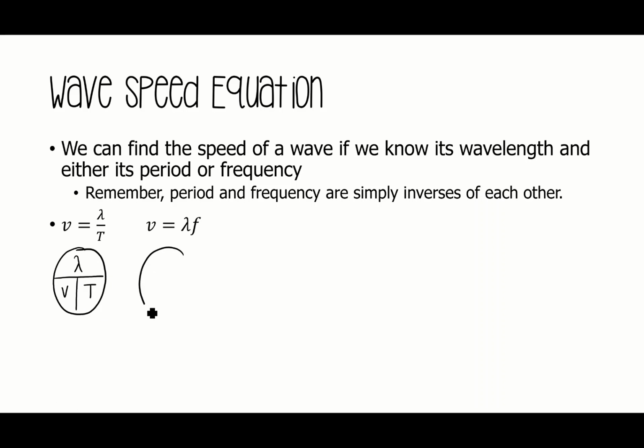Or we can use the equation speed is wavelength times frequency. With that, I can also do one for frequency and period. Frequency is 1 over my period. These are key. You're going to need to know these for your assignment today.